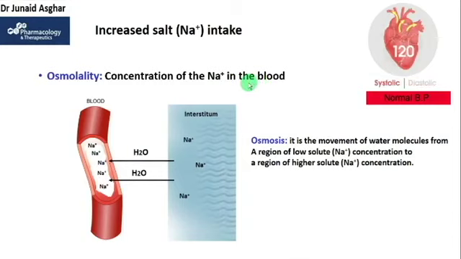Higher osmolality means more solute or more sodium in the blood, and lower osmolality means the blood is more diluted. We discuss sodium only because it is one of the major electrolytes in the bloodstream. Others include magnesium and potassium.